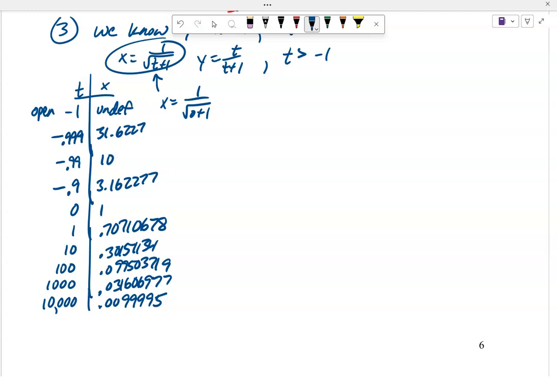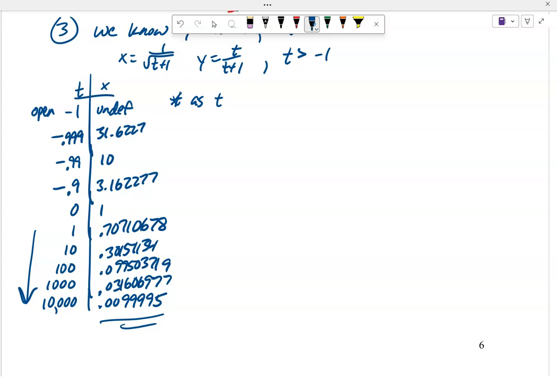You can see t is greater than -1, but as we get larger with our t, we're approaching 0 here.